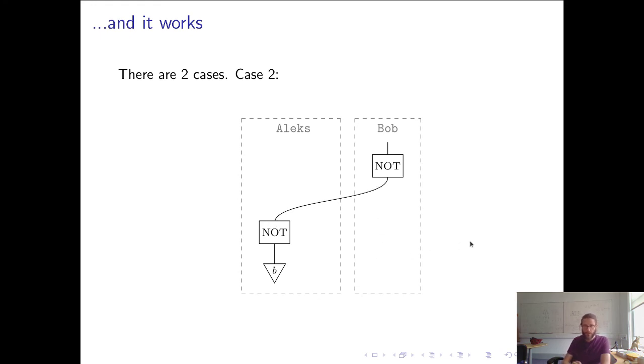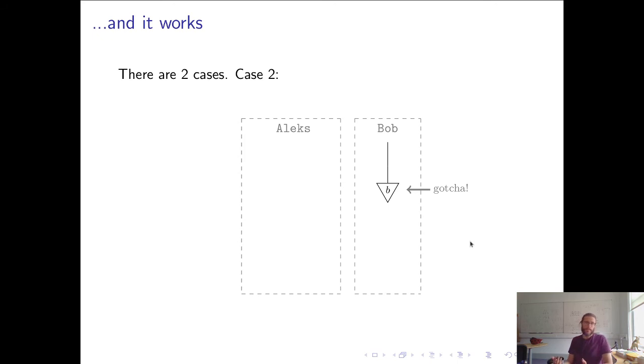We can still yank the wire. And then we have a pair of NOT gates here, and it's a double negative. So if I NOT 0, I get 0. If I NOT 1, I get 1. So these things cancel out. And Bob gets my bit. Gotcha. So it works.